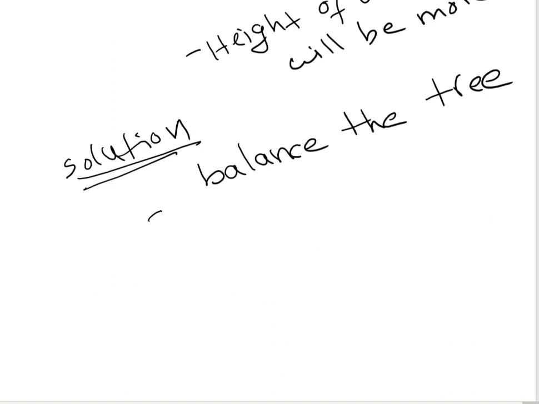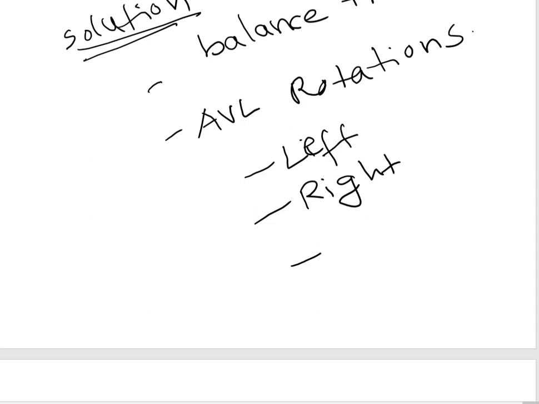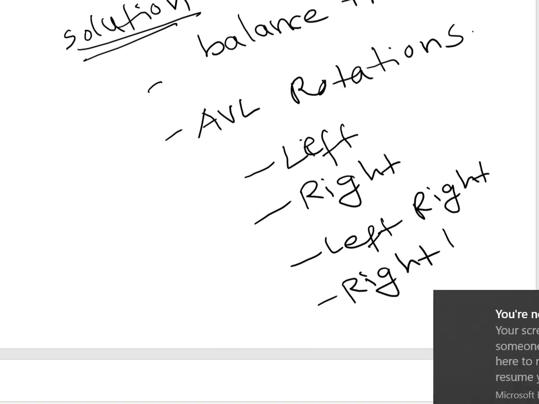How to balance? By using AVL rotations. What are the rotations? Left, right, left right, and then right left.